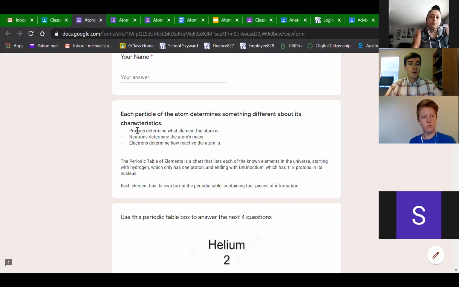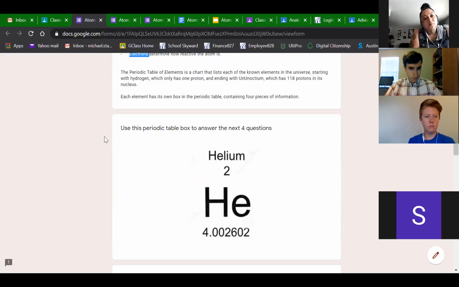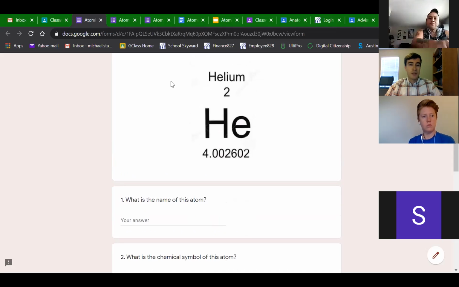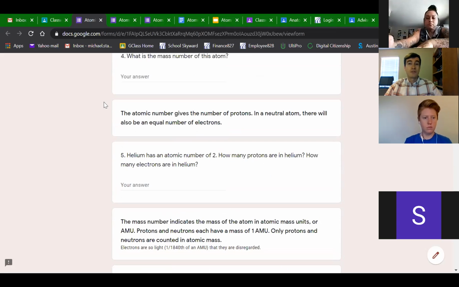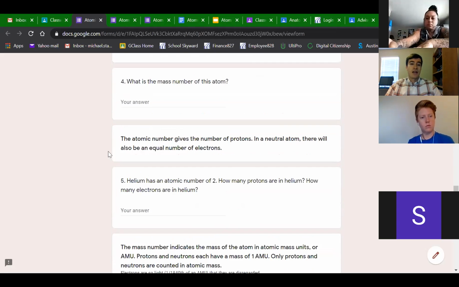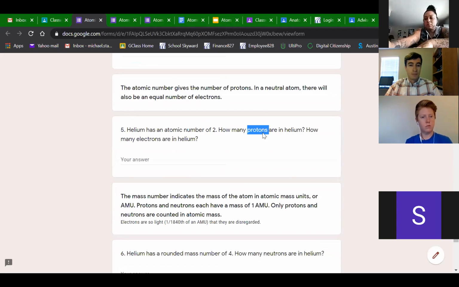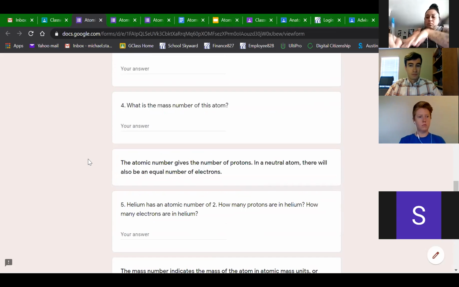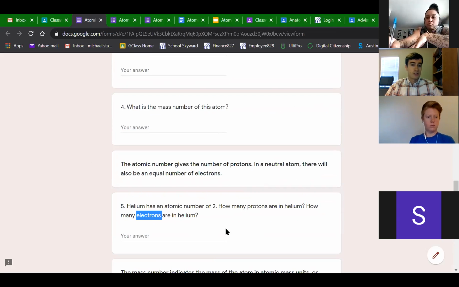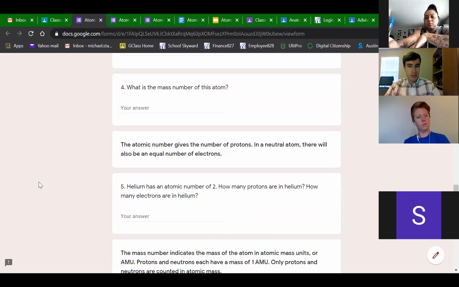It talks a little bit more about protons, neutrons, and electrons. You use a little periodic table box to answer some basic questions about helium, and then to do some very simple calculations of protons and neutrons. Oh, and electrons. Can't forget about those guys.